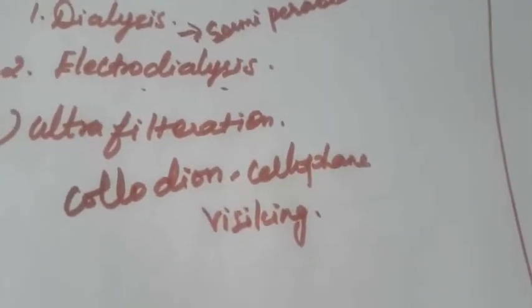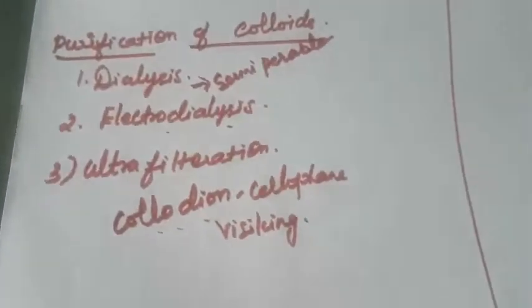Normally, when we filter using an ordinary filter paper, all the large-size particles get filtered. But beyond that we have micro filtration, using filter paper made up of collodion, cellophane and visking paper. When we filter with this paper, the colloidal particles are separated on the filter paper and the impurities are removed.